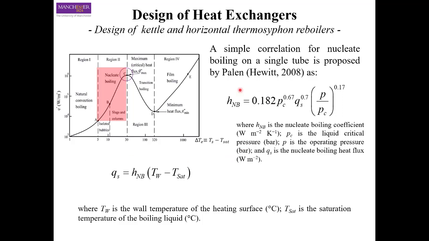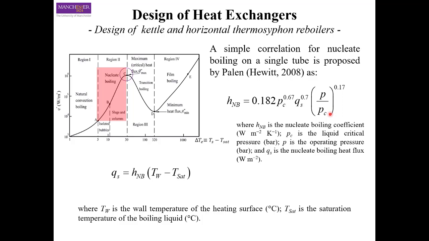Here you have the nucleate boiling heat transfer coefficient, the pressure of the liquid, and the critical pressure. The critical pressure in Palen's equation for nucleate boiling refers to the vapor pressure of the liquid at the boiling point, and above this pressure nucleate boiling cannot occur.